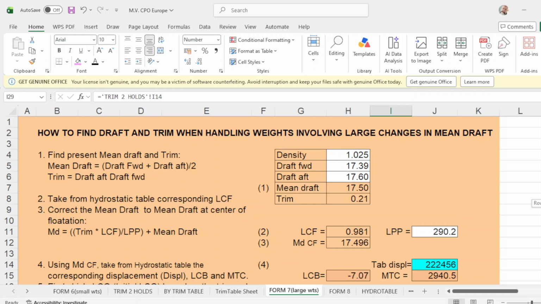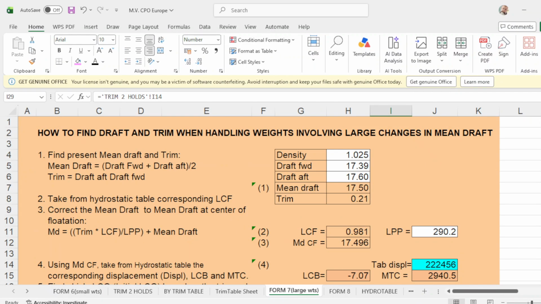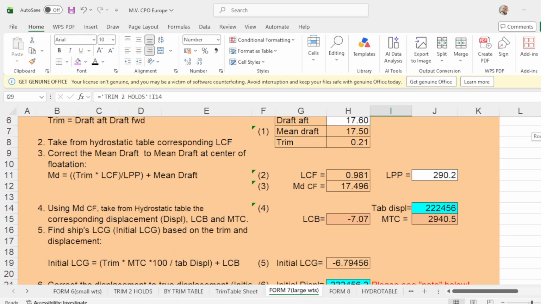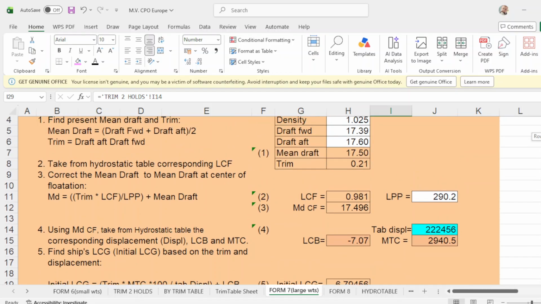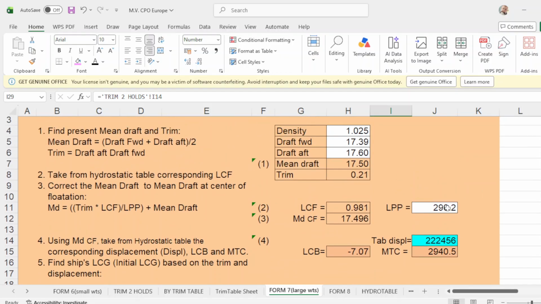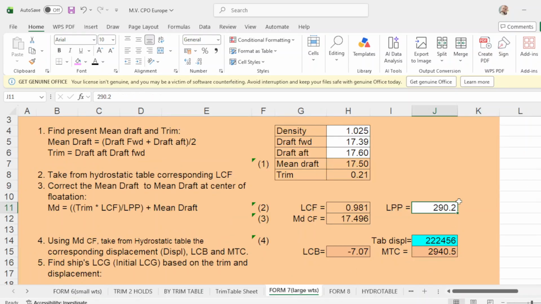Double check. 3960. This is Euro. The LPP, 283. This should be 283. The LPP should be 283.